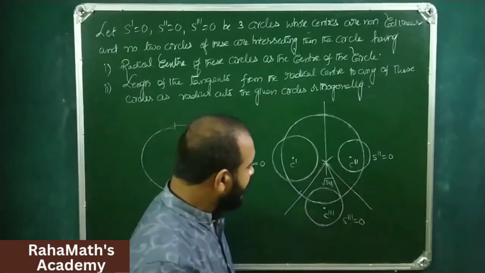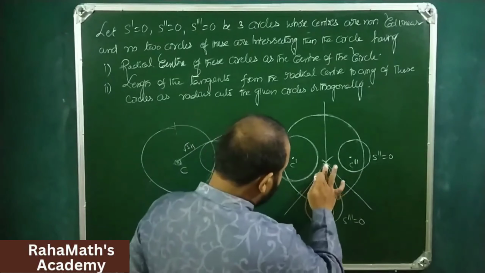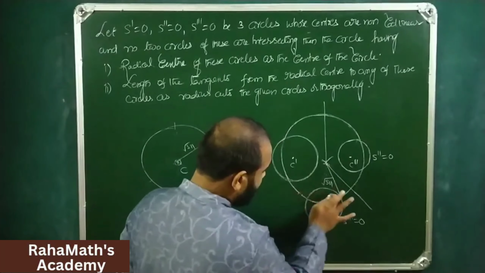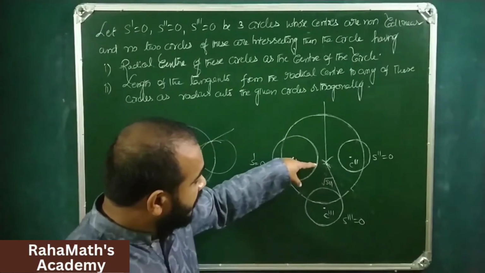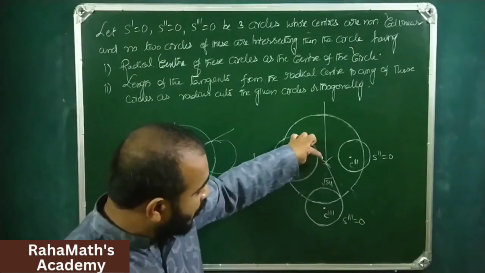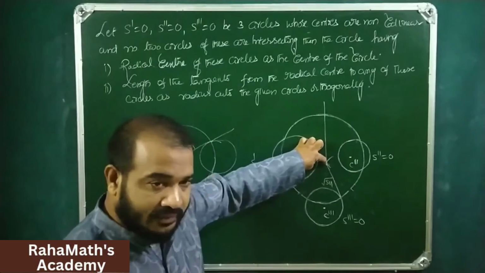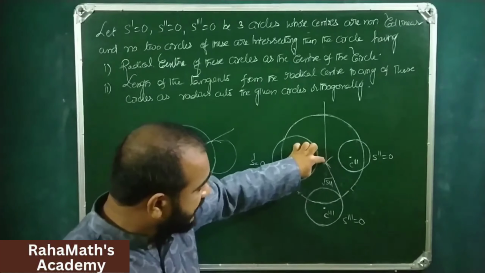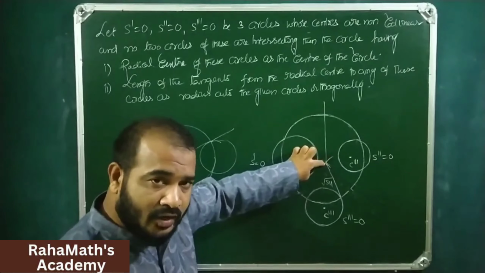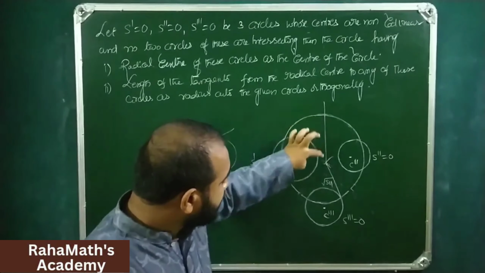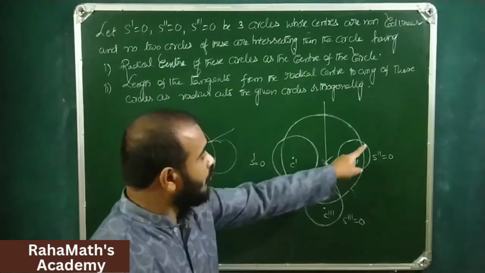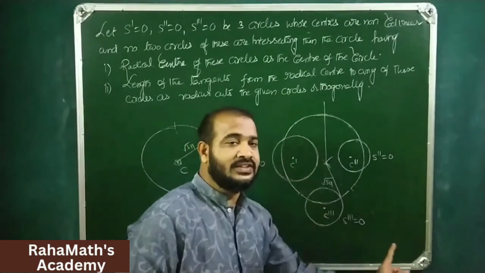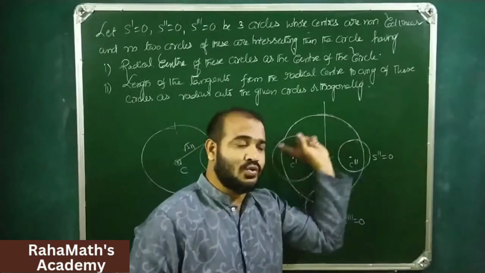Here in the diagram, I have shown the length of the tangent drawn from this center. What is this center again? This center is the point of concurrence of these three radical axes. Therefore, this is the center of the big circle, which is cutting all the three circles orthogonally.